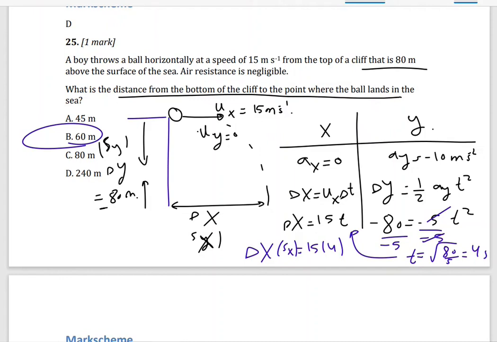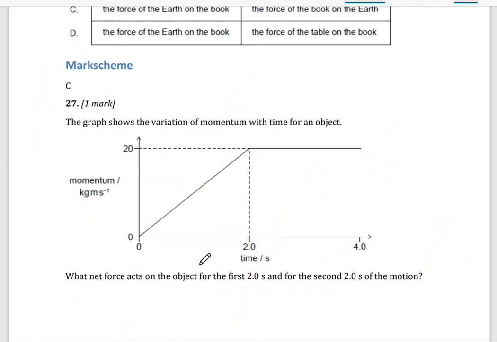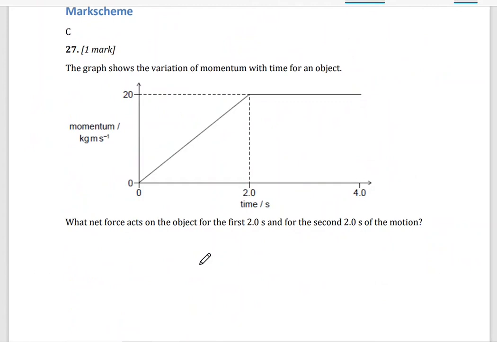Okay. Now we'll go to question number 27. You have a graph that shows the variation of momentum with time for an object. What is the net force acting on the object for the first 2 seconds and for the second 2 seconds of the motion?